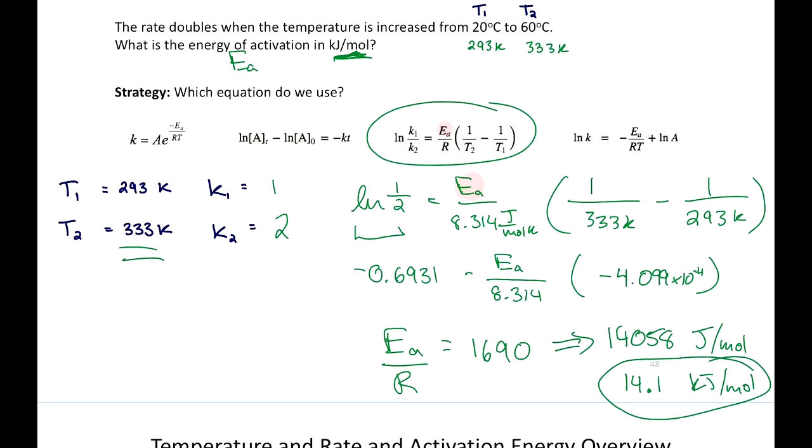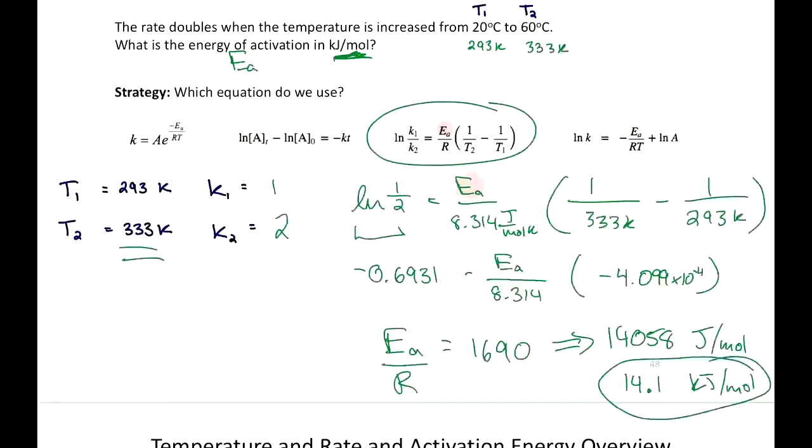Another way we could ask questions like this is I could give you a rate constant and temperature for one reaction, give you the activation energy, and ask you to predict the rate constant at another temperature. In that case, we would know one of the Ks, the activation energy, and both of those Ts. Again, make sure you associate the correct temperature with the correct reaction, and then we would solve for the missing K. That's the other way we can do it.